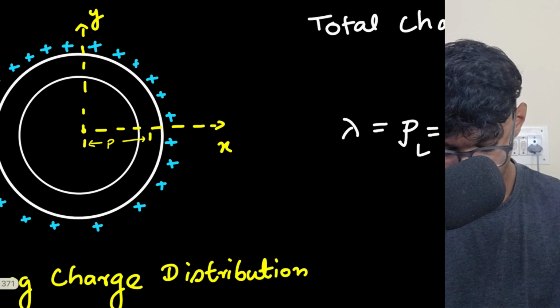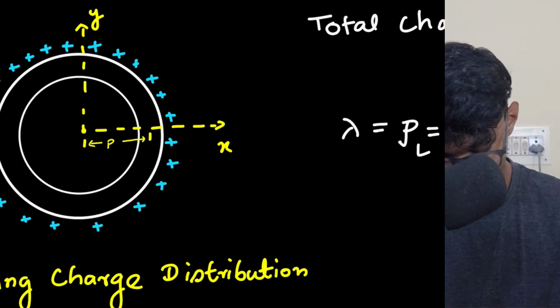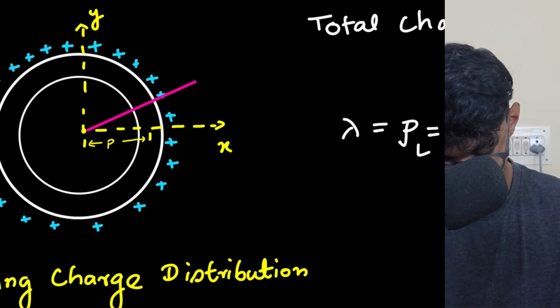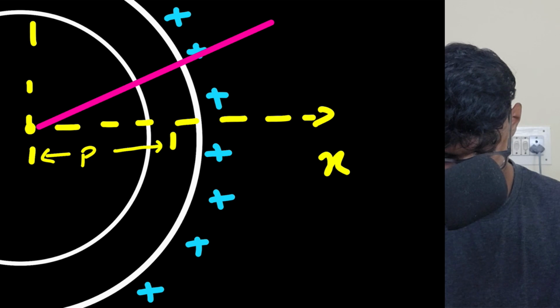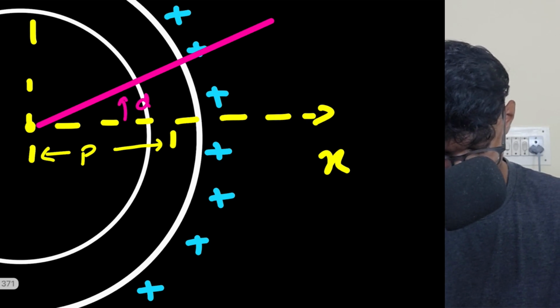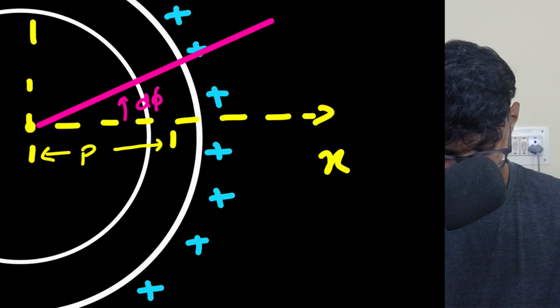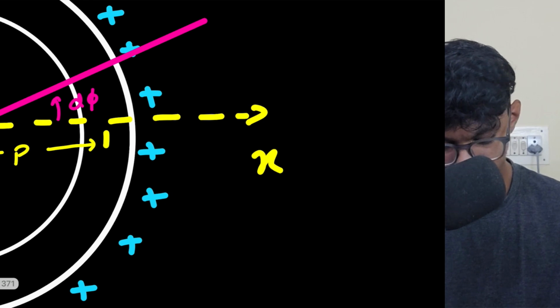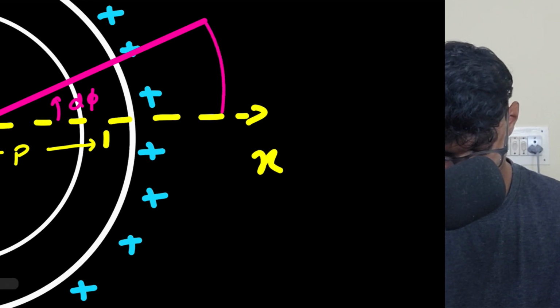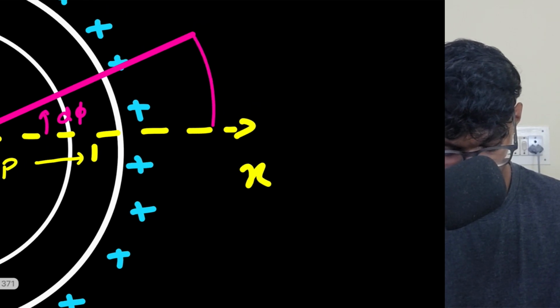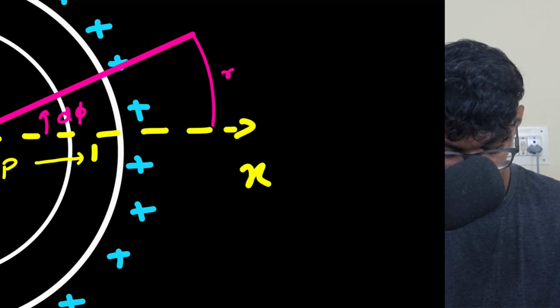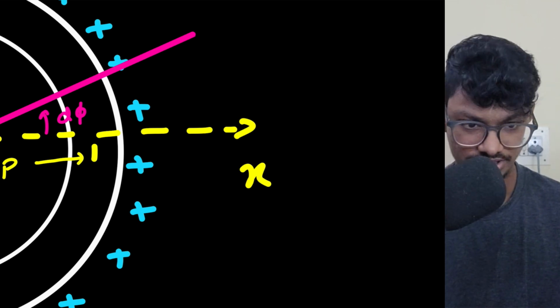So here I move this by d phi angle. The radius is r, or I can say this is rho in this case.